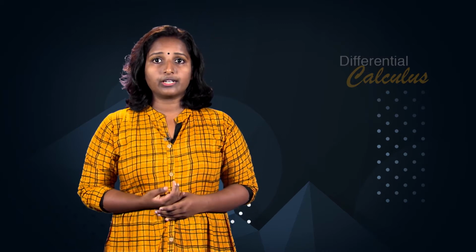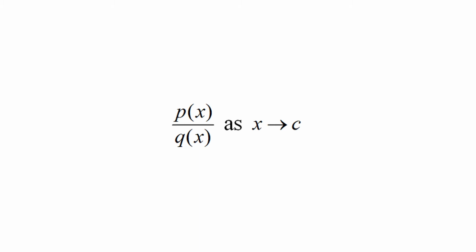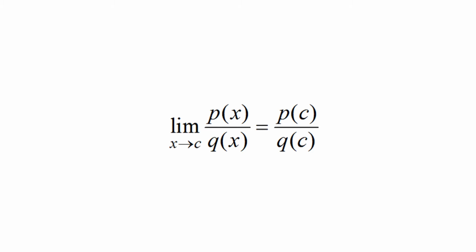If the limit of q(x) as x approaches c is not equal to 0, that is, if q(c) is not equal to 0, then the limit of the rational function p(x) upon q(x) as x approaches c is given by p(c) upon q(c).